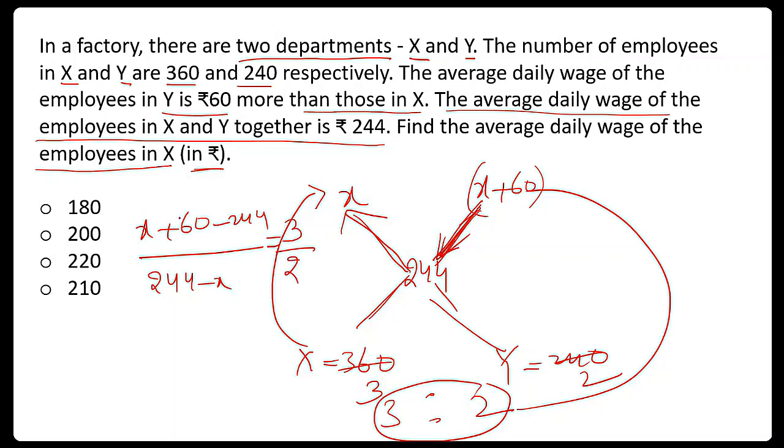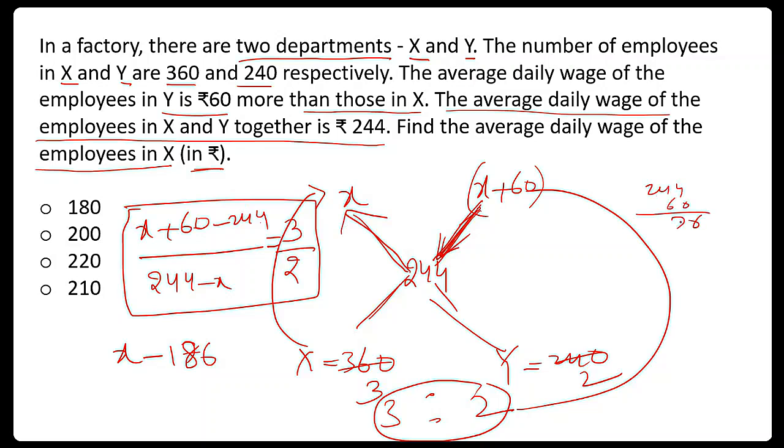Now on simplification, x plus 60 minus 244 is minus 184. So we get 184 by 244 minus x.